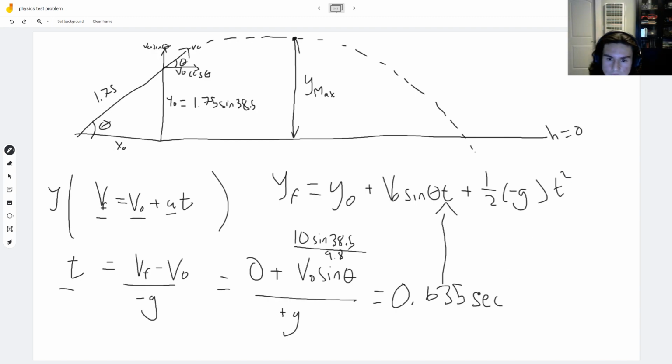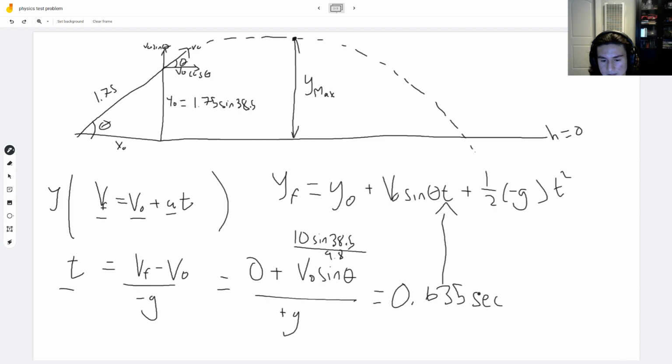So I'm going to plug all these into my calculator, and so I get 1.75 sine 38.5, then we're going to add on our initial velocity, which we're just saying is 10 sine 38.5, and then we're going to multiply that again by our t, which is 0.635, and then I'm going to add 1/2 of negative g, which I'm going to put as negative 4.9, and then we're multiplying that by 0.635 to the power of 2.